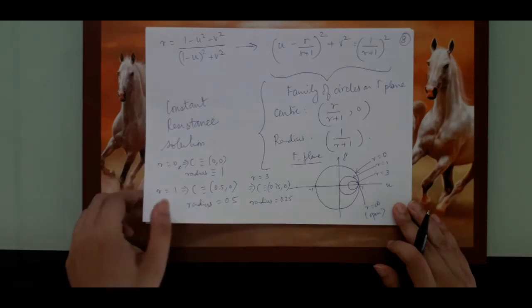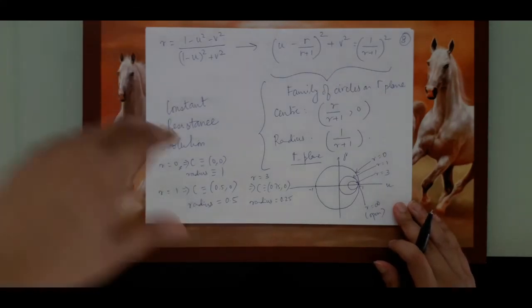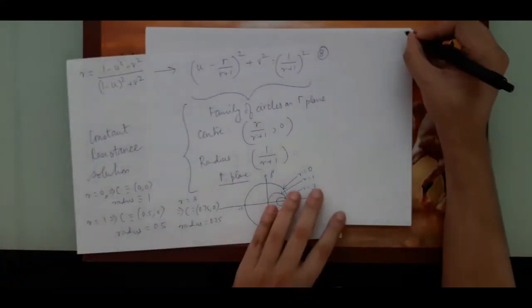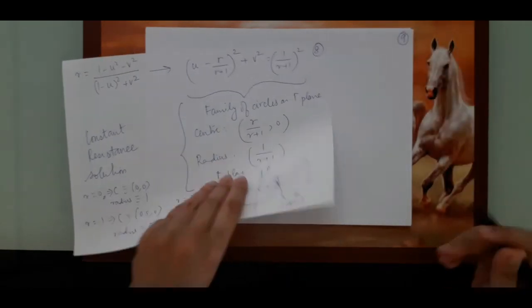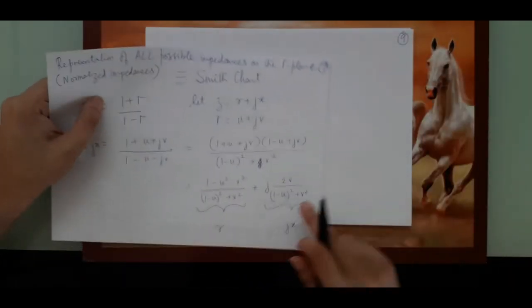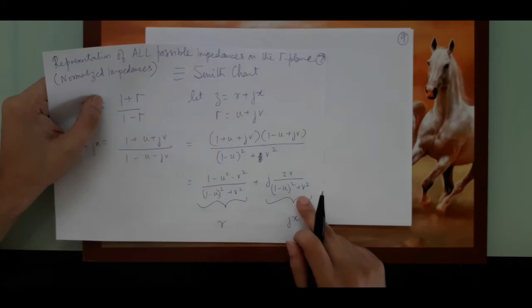Let us quickly do it for the constant reactance also. So if you just recall, this was what was for Jx. If you quickly do some algebraic manipulation, this is what you will get.